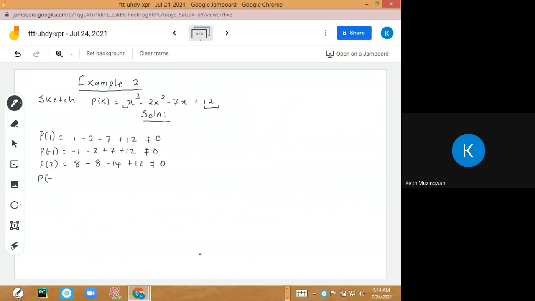Let's try -2. We have -8 minus 8 plus 14 plus 12, not 0. There's so much work to do.